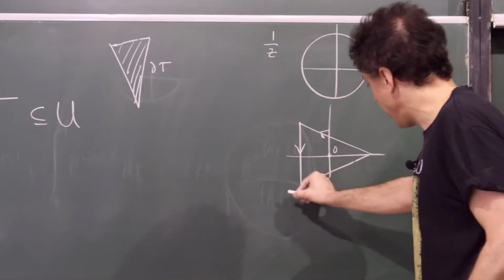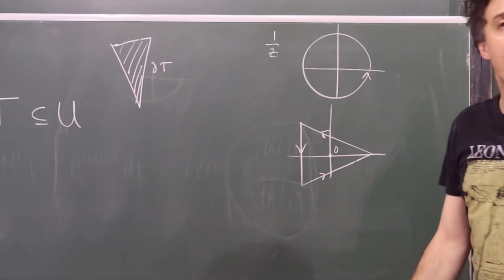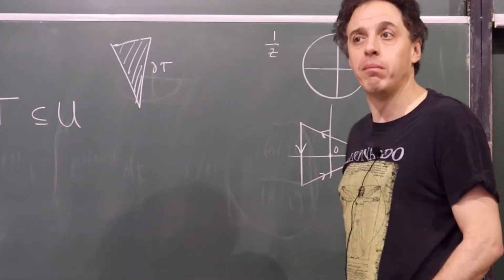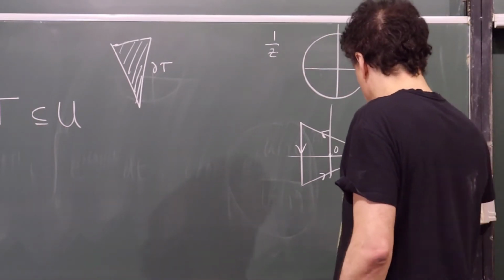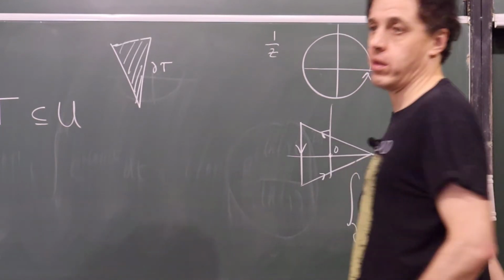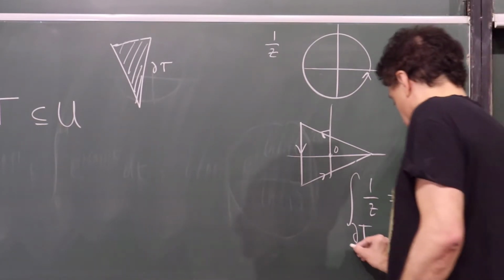Well, if we compute the integral along the border of the triangle, it's not 0. So in fact, it's the same. You obtain the same result as before. The integral along this border is 2 pi i. You can compute. Okay? Exercise.